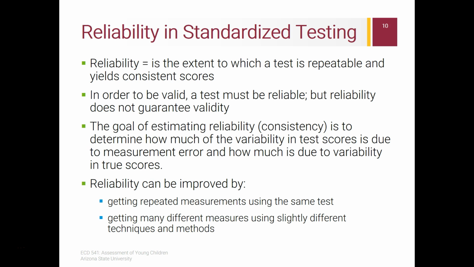The goal of estimating reliability is to determine how much of the variability in the test scores is due to measurement error and how much is due to variability in true scores. Reliability can improve by 1. getting repeated measurements using the same test, and 2. getting many different measures using slightly different techniques and methods.